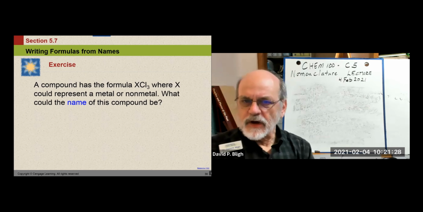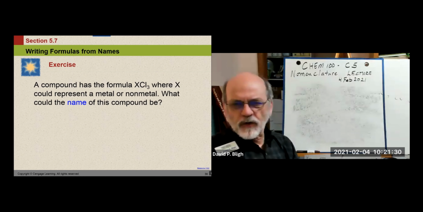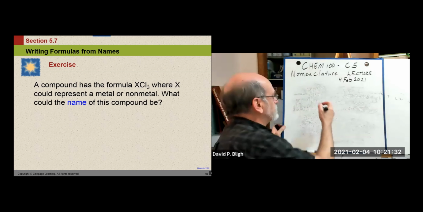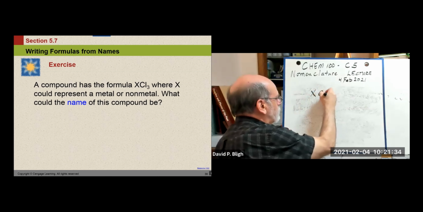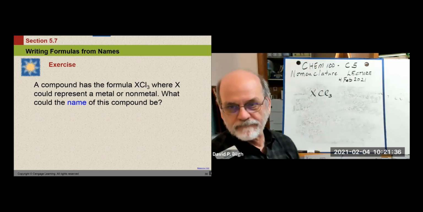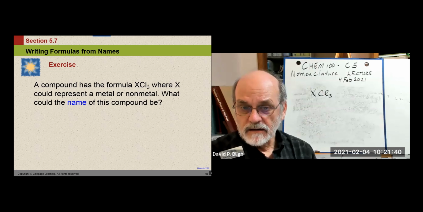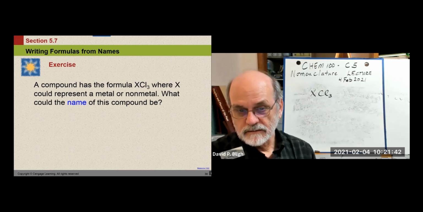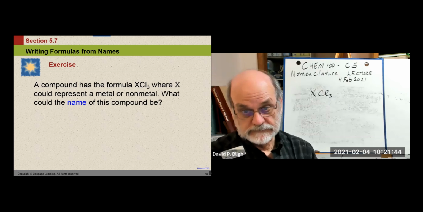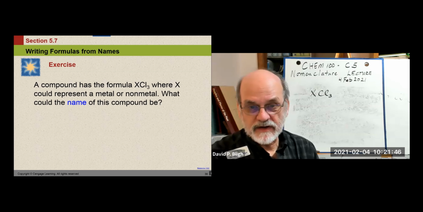Okay. So a compound has a formula XCl3, where X could represent a metal or a nonmetal. So what could be the name of this compound?